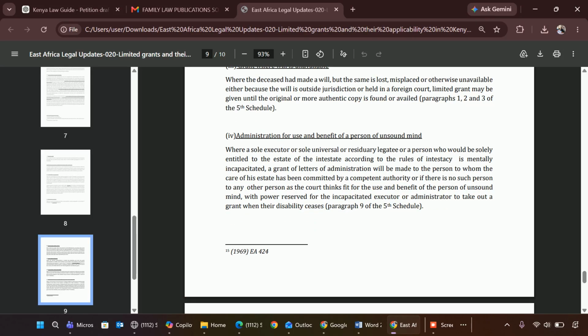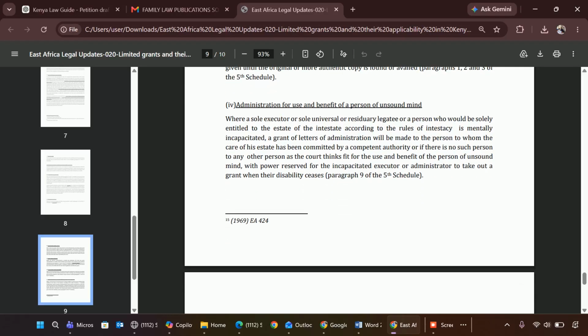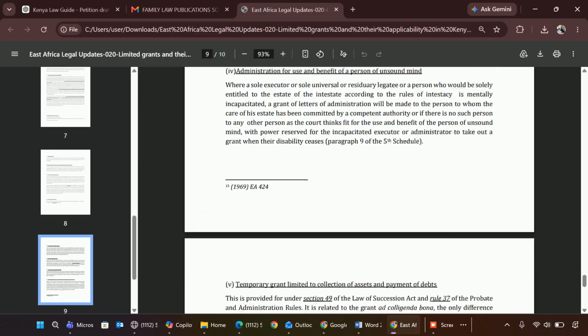A grant of letters of administration will be made to the person to whom the care of his estate has been committed by a competent court, or if there is no such person, to any other person as the court thinks fit. So if there is a limitation applied to minors, there can also be a limitation applied to people with unsound mind.